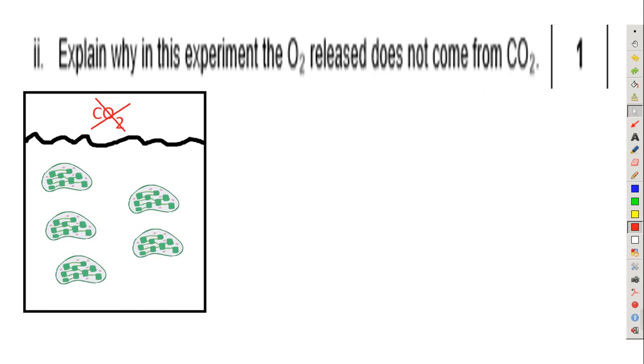In this case it has to come from water, and if you switch back to Ruben and Kamen's experiment in the previous video, you will notice that we said that the O2 comes from water. So this is coherent with Ruben and Kamen's experiment. Basically it can't come from CO2 because there's simply no CO2 in the test tube.